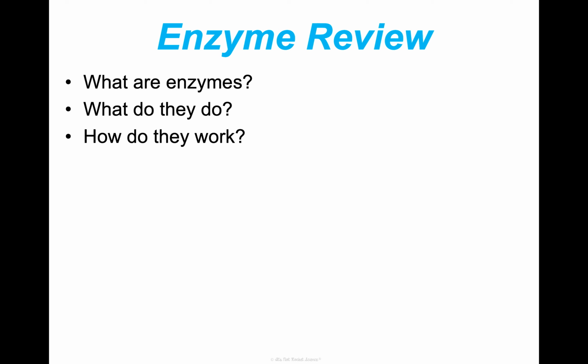How do they work? Big theme of biology, y'all: structure dictates function. Enzymes have such specific structures. Remember, enzymes are proteins, and proteins have 4 levels of structure: primary, secondary, tertiary, and quaternary, meaning they're highly, highly specific. And that insane amount of specificity is going to make them only bind to certain substrates or certain reactants.